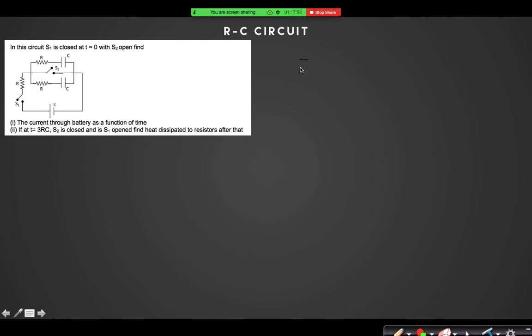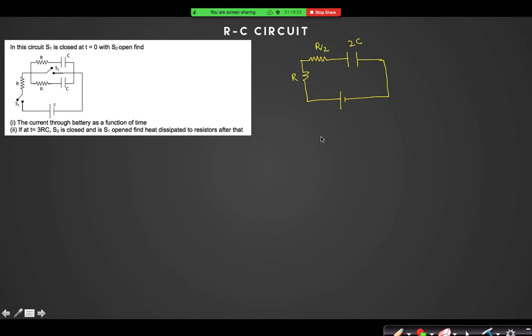Because if you take any one of them, the other equations will be the same. So the equivalent network has an equivalent capacitor, resistance and battery. C equivalent is 2C, R equivalent is R by 2 plus R, 3R by 2.